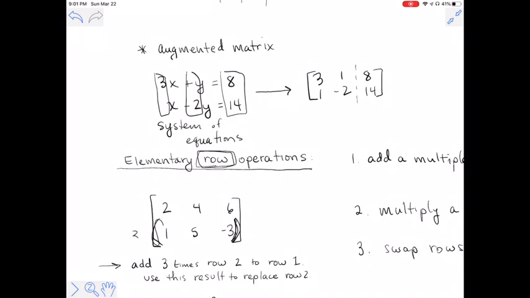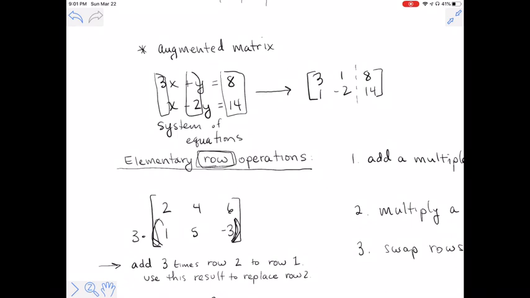And what I'm going to do is multiply row 2 by 3. And then those are going to be added to row 1. And then the result of that is going to replace row 2.